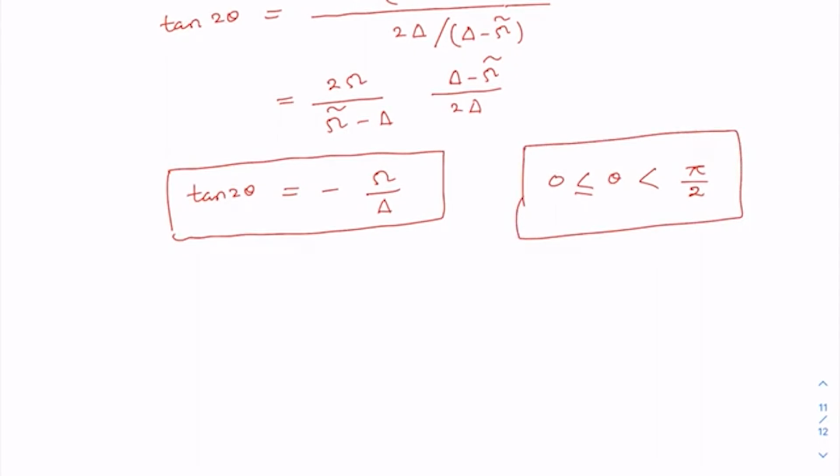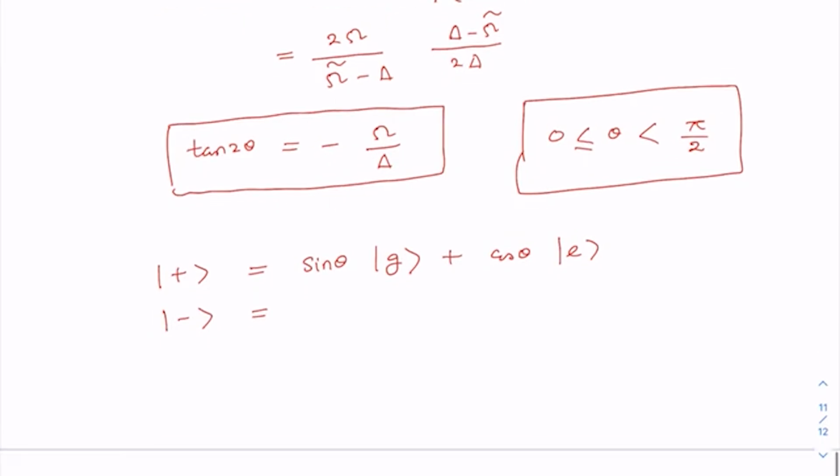First of all, recall that in terms of the Stueckelberg angle, I can write my dressed state K plus as sine theta Kz plus cos theta Kt, and minus Kt as cos theta Kz minus sine theta Kt.